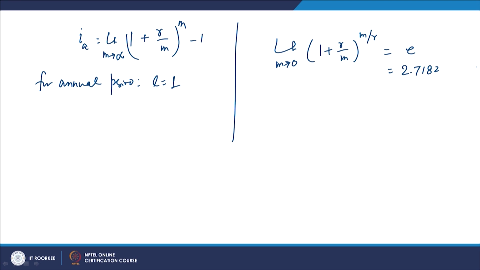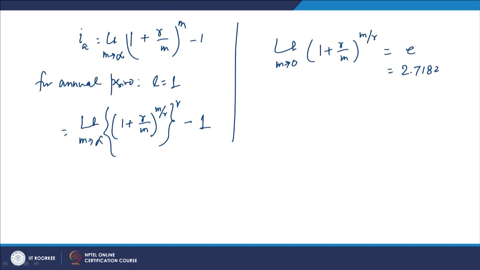So, this can further be written as limit m tends to infinity of [(1 plus r by m) raised to the power m by r] raised to the power r. So, this can be written as (1 plus r by m) raised to the power m, and then minus 1.